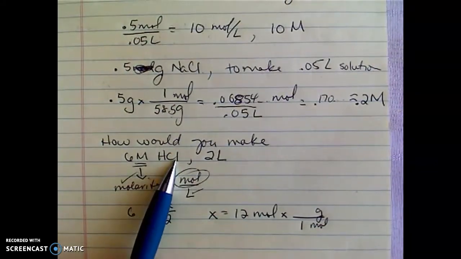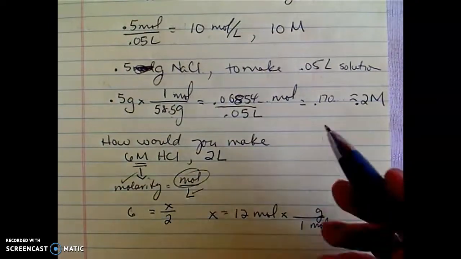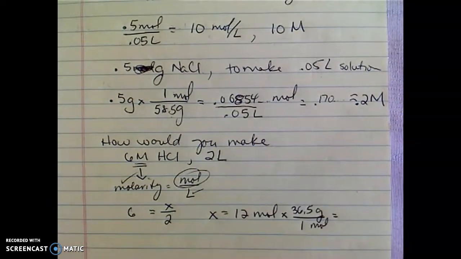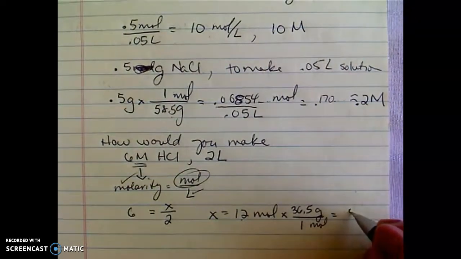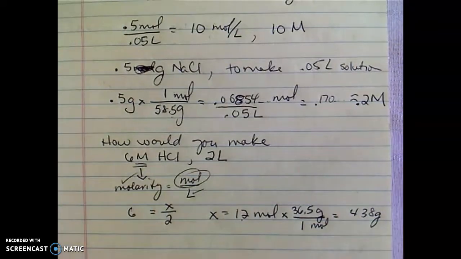So you're going to add chlorine, 35.5, plus hydrogen, which is 1, and you're going to get 36.5 grams. All right. So 12 times 36.5 is equal to 438 grams.